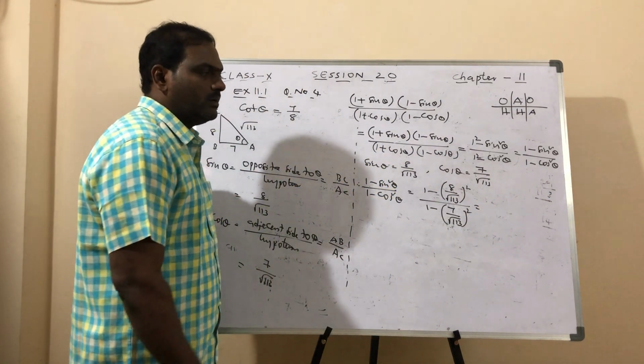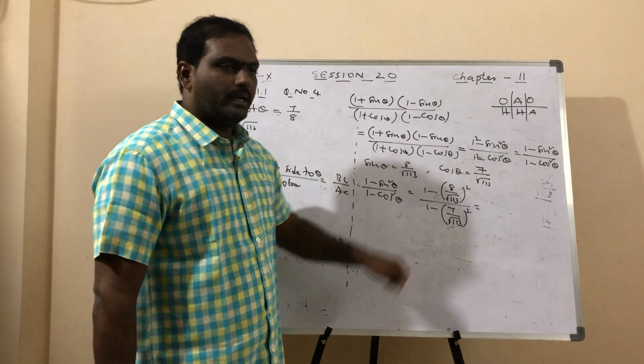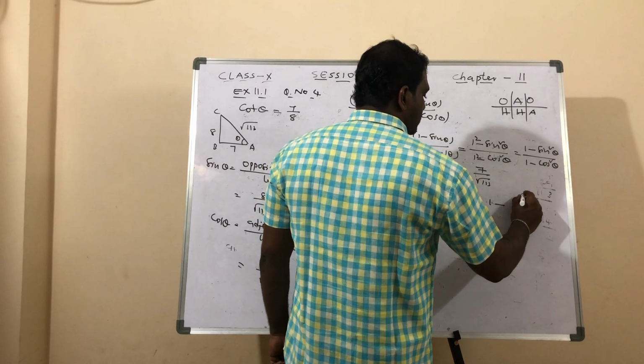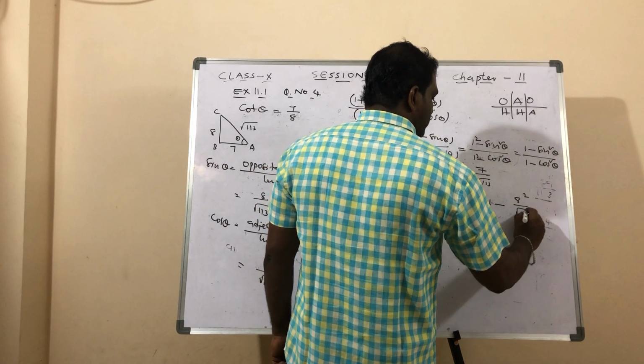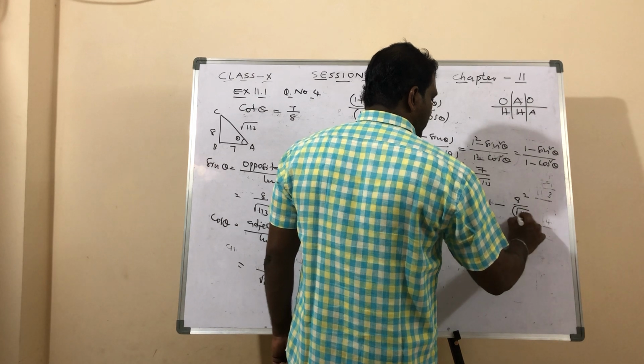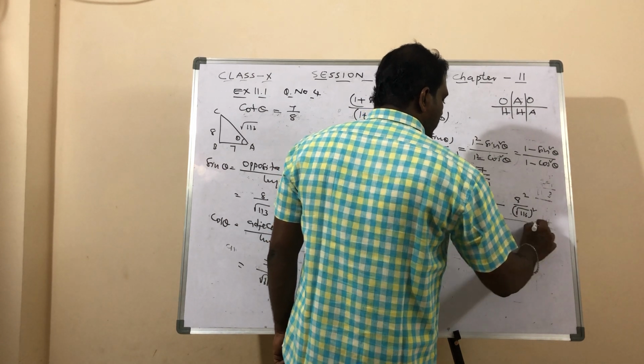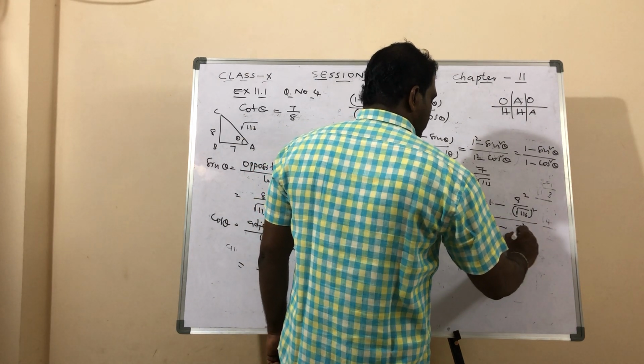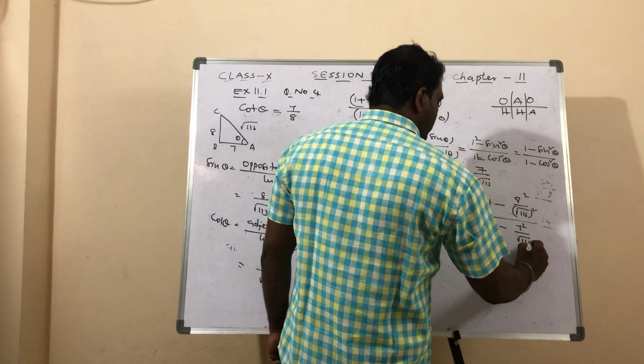A by b whole power m can be written as a power m by b power m. So this will become 1 minus 8 square by square root of 113 whole square, by 1 minus 7 square by square root of 113 whole square.